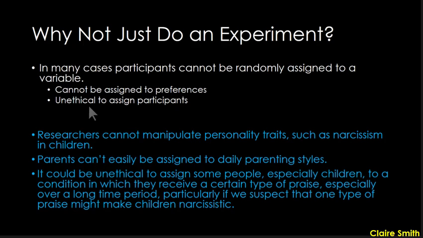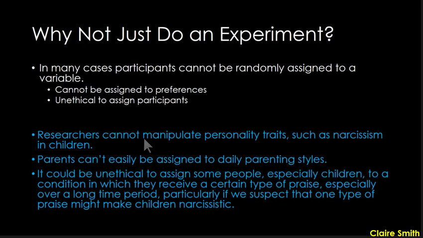So if you're giving some participants a lot of praise from their parents, and the other group, maybe you want to see how negative talk affects narcissism, with parents talking down to their children. It's kind of unethical to create an experimental setup where you're having kids be potentially verbally abused. So obviously we can't do an experiment and assign people to groups like that.